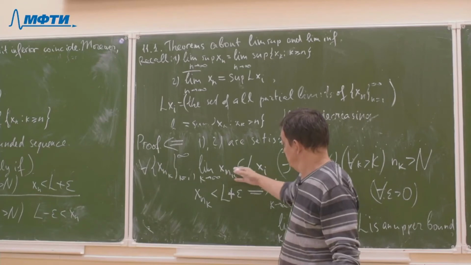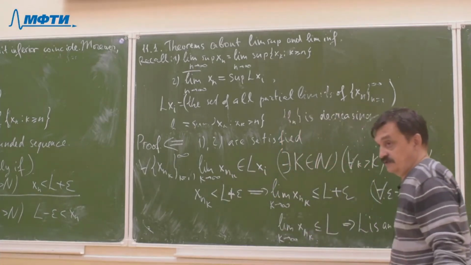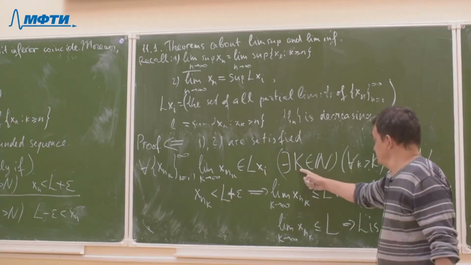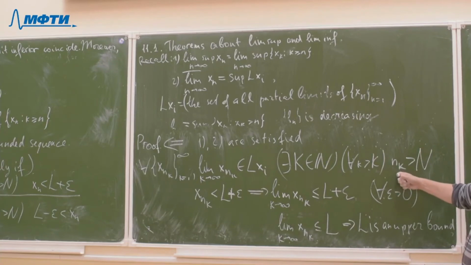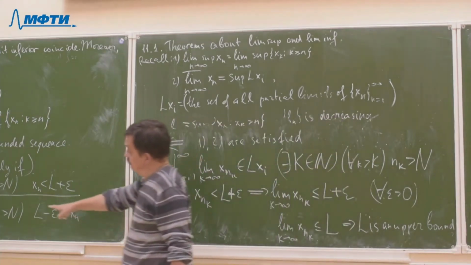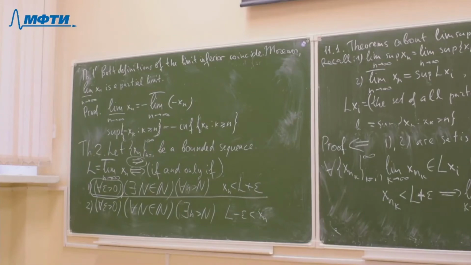So here we take an arbitrary element of the set of partial limits. Then by the properties of increasing sequences of natural numbers, we take in place of n that n_k.